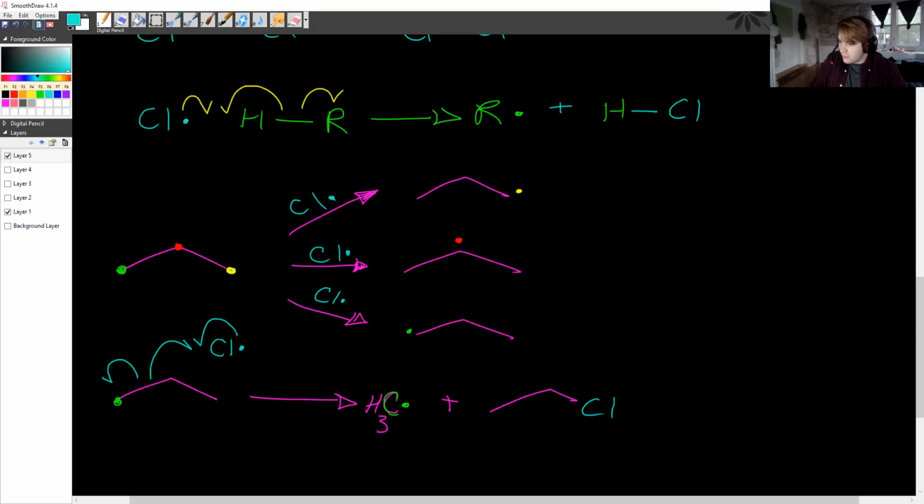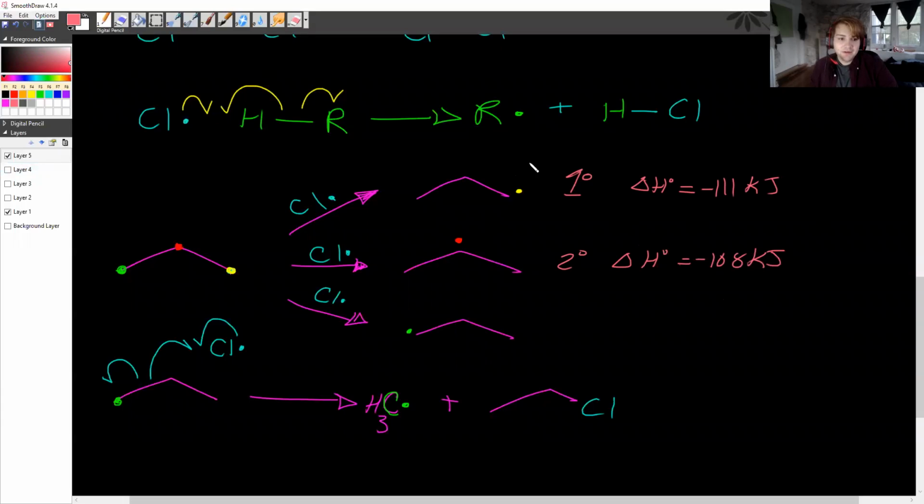What I want you to notice is that if we did the bond dissociation energies and analyzed this primary radical, the amount of energy we're talking about here is negative 11 kilojoules. And for the secondary radical, it's about the same. I think it's negative 108.